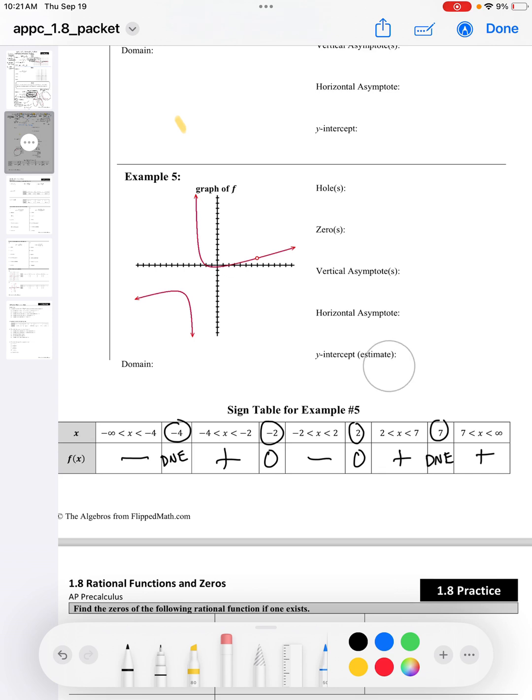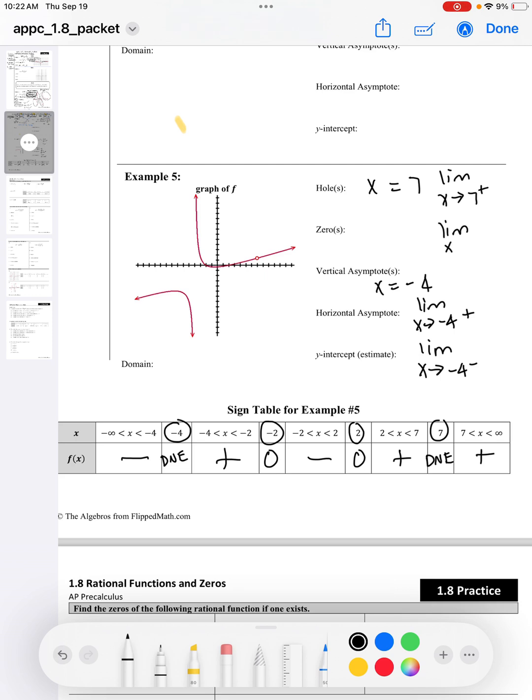Another thing we could do to practice what we learned before for holes, we could practice limits, holes and vertical asymptotes. So let's review vertical asymptotes. The limit as x approaches -4 from the right, the limit as x approaches -4 from the left, and the limit as x approaches 7 from the right, and the limit as x approaches 7 from the left.